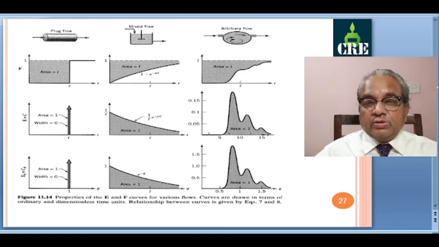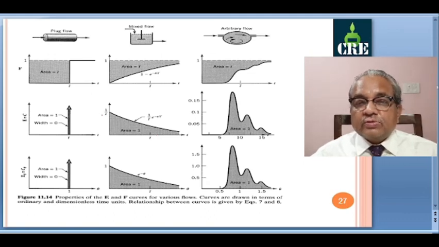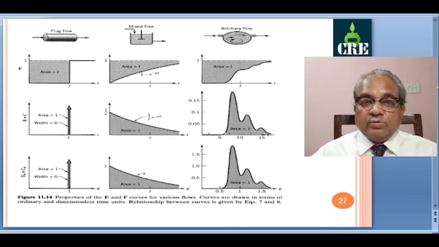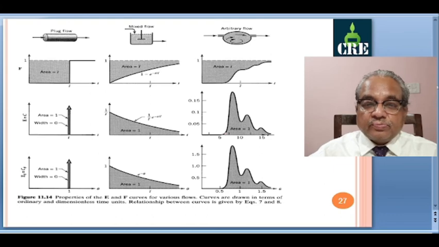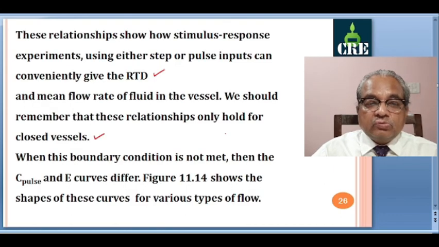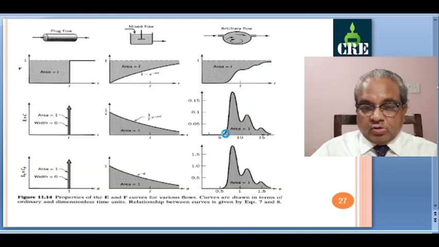It is in the dimensionless form, and here you have the dimensions of t and t inverse, time inverse. And for some arbitrary flow, this kind of situation will arise. So this is when the closed vessel boundary conditions are not met.